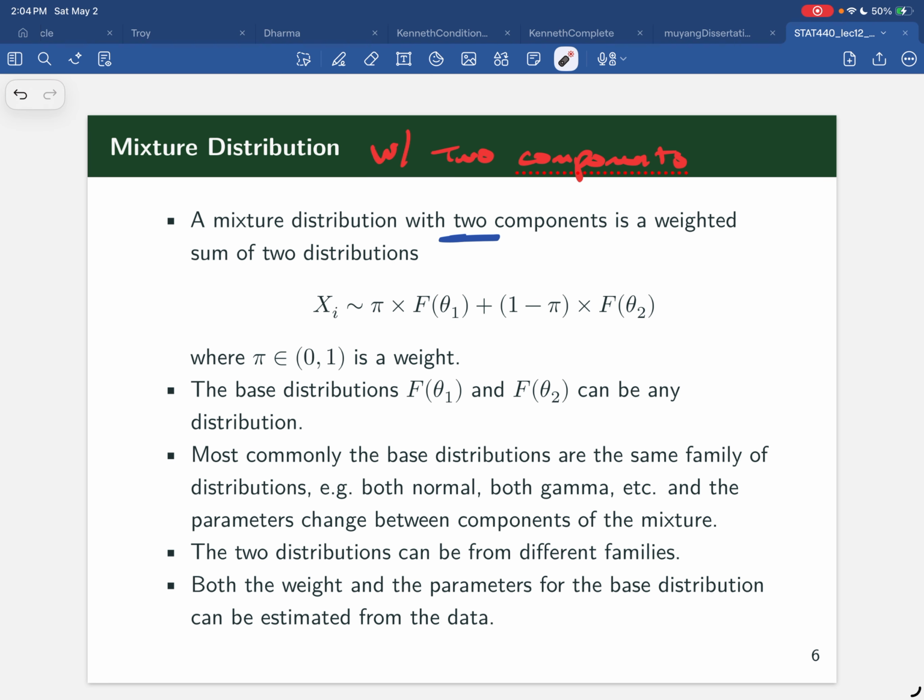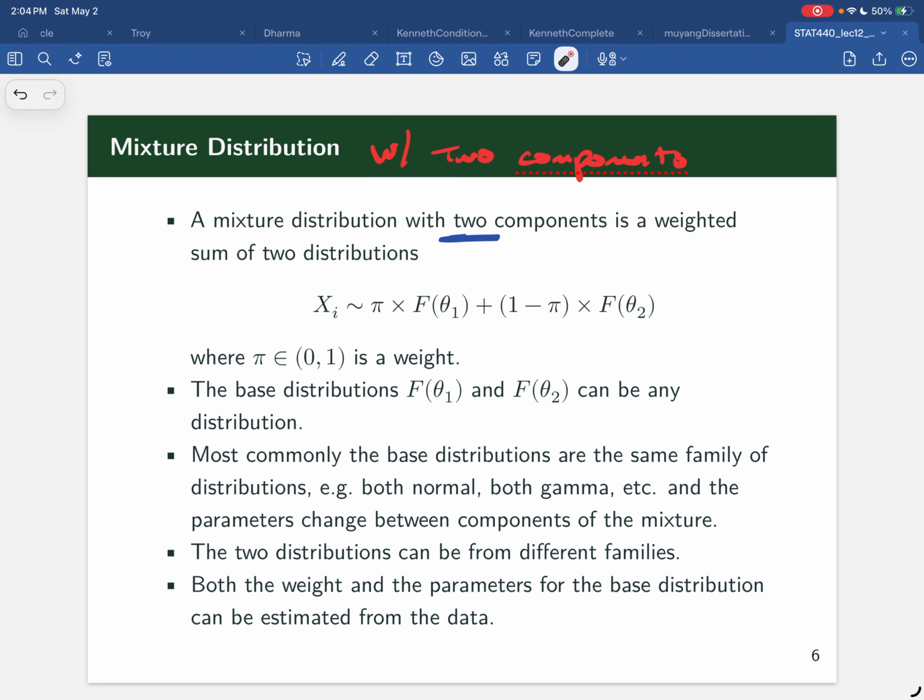Flip the coin to decide which of the two distributions you're going to draw from, then draw from that. And of course, if the coin is not fair, if pi is 0.75, then 75% of the draws are going to come from the first distribution, and 25% of the draws would come from the second distribution.